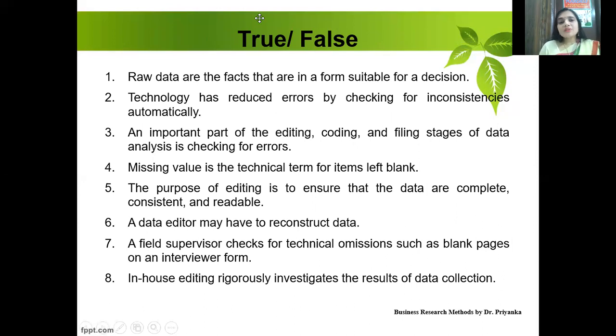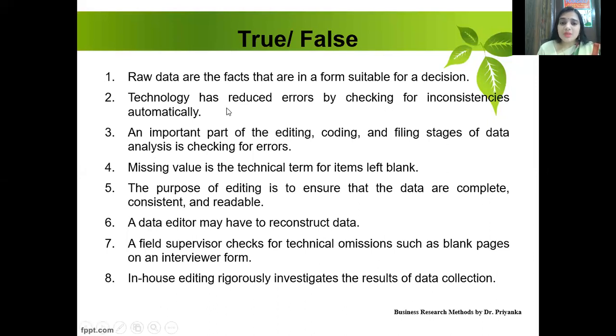Number one, raw data are the facts that are in a form suitable for a decision. It is false. Raw data are the unedited response from a respondent exactly as indicated by that respondent and may not be in a form that lends itself well to data analysis. So it is false.